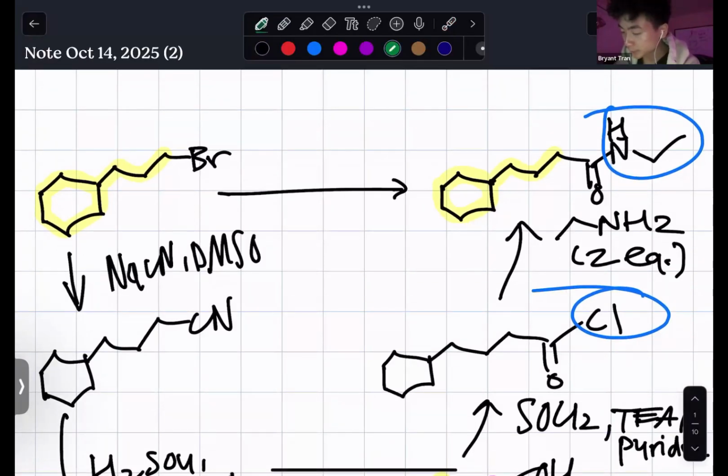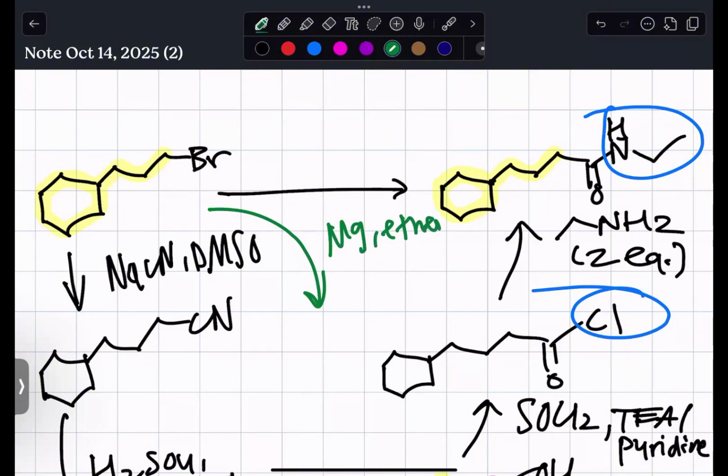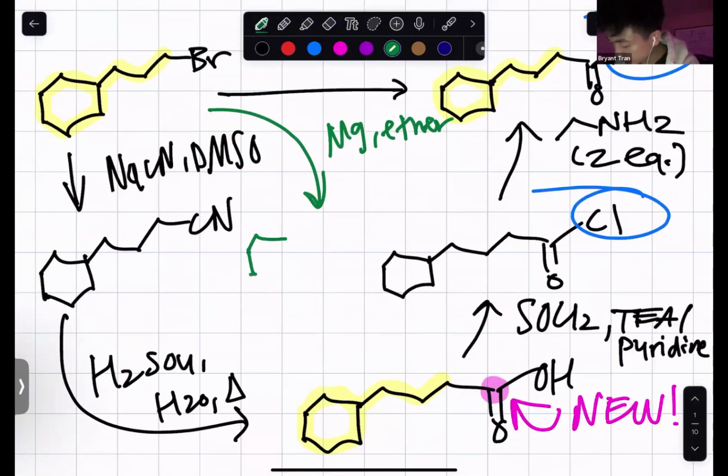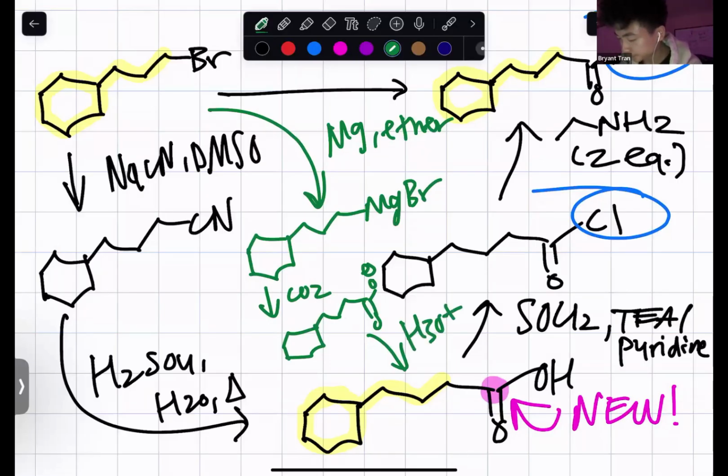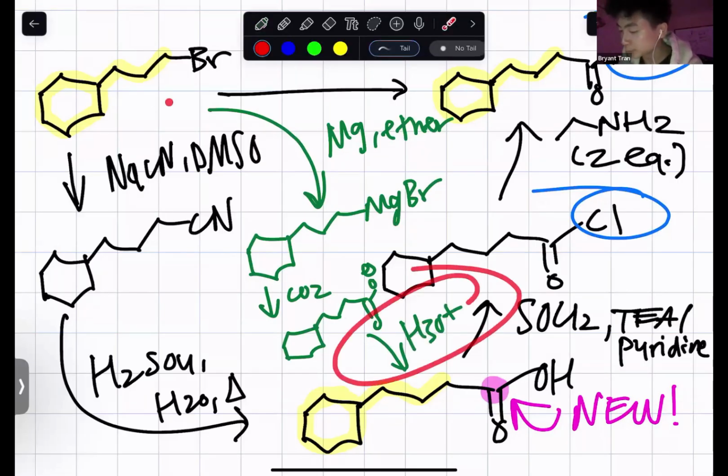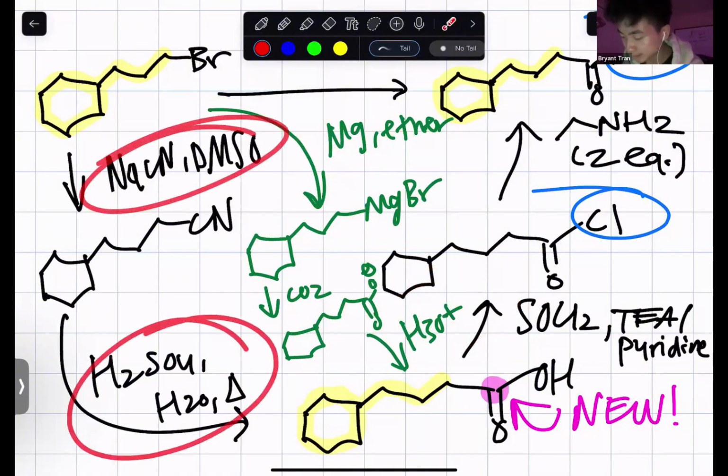So the alternative method is the Mg ether to convert the haloalkane into the Grignard reagent, and then you do CO2 to get the carboxylate ion, and then to get to the carboxylic acid, that's when you do the acid workup. Okay, so the acid workup would be from the Grignard reagent, not the NaCN or KCN method. Yeah.